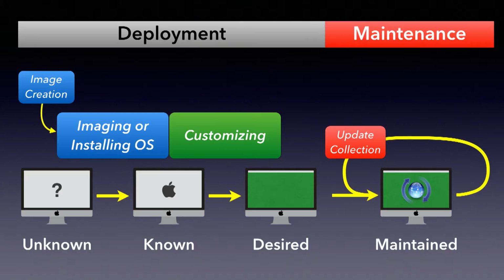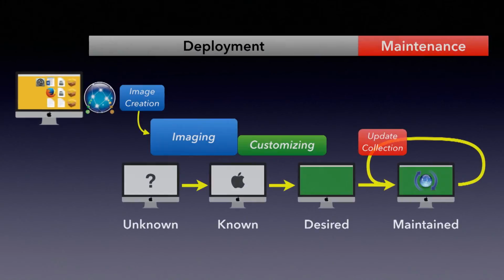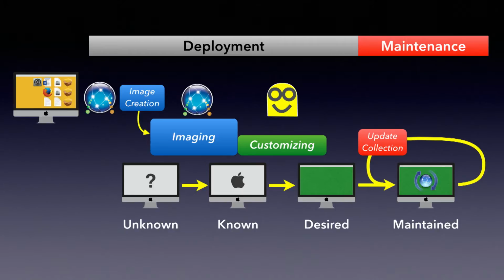I'm betting a lot of you are coming to this session and you use what I call the golden machine method. You install all your software in a golden machine, tweak some settings, capture that image using DeployStudio or some other tool. Next, push it out using DeployStudio, sometimes with manual tweaking after the fact.